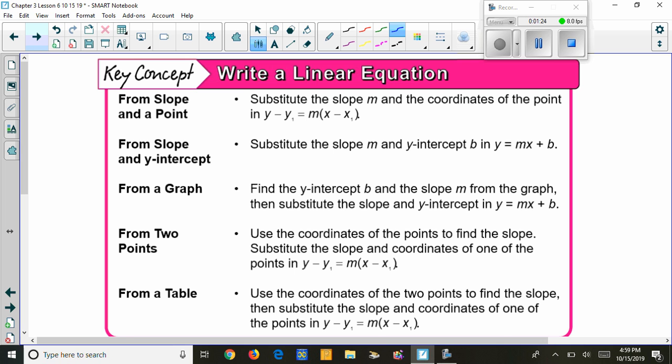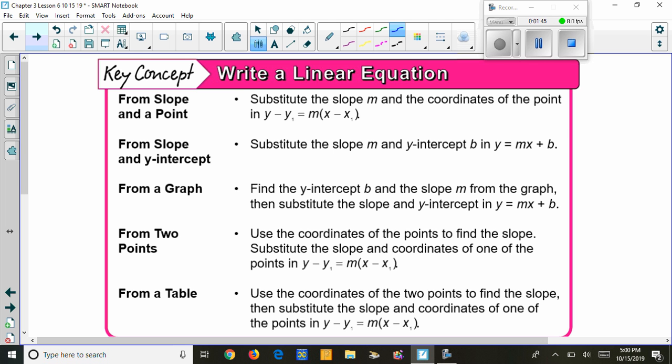So, writing a linear equation. Here I have 5 scenarios. From slope and a point, which is where we're focusing today, substitute the slope m and the coordinates of the point into the point-slope form.